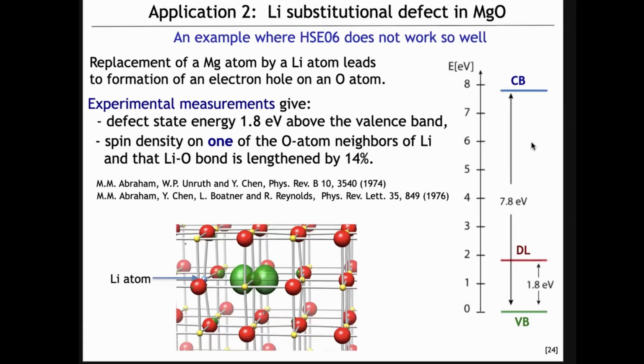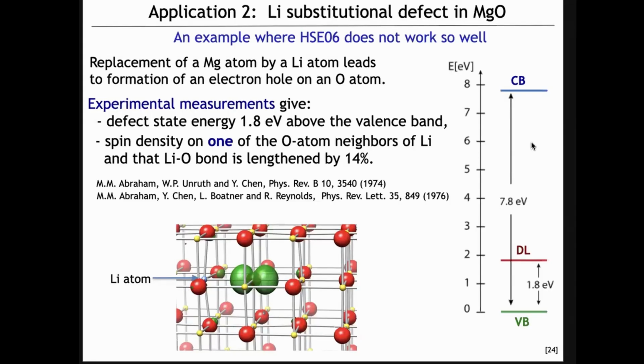This has been studied very heavily, even in the 70s, with EPR and other techniques. And basically what people have come to say is that there's a defect level corresponding to this empty p state, about 2 eV or 1.8 eV above the valence band. Here's the band gap of 7.8 eV.